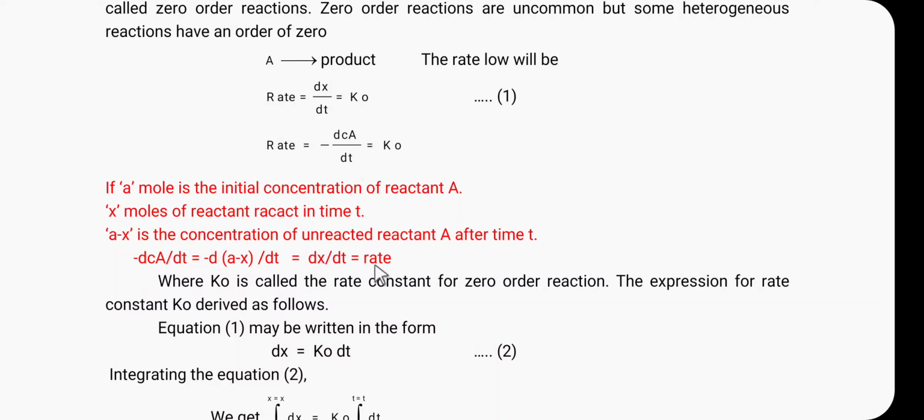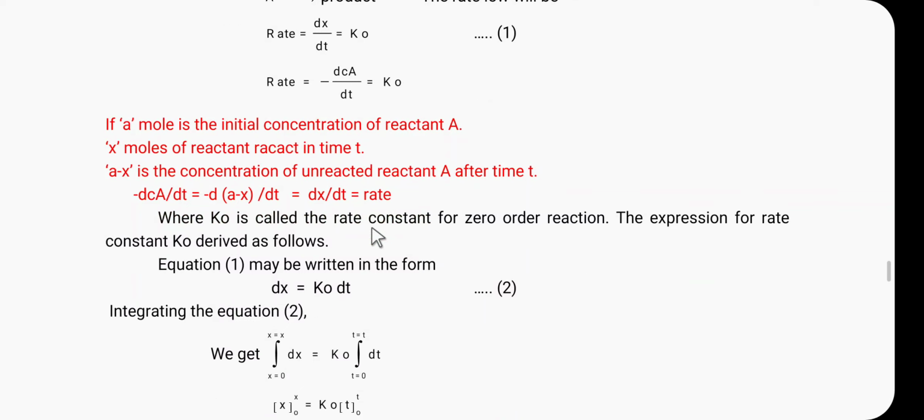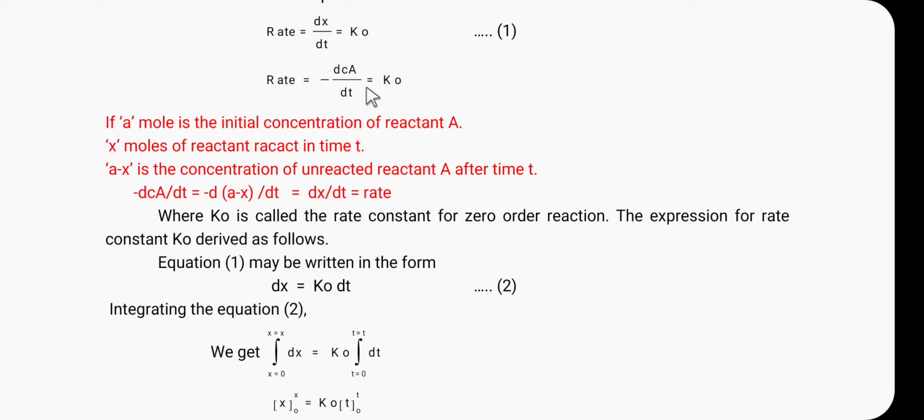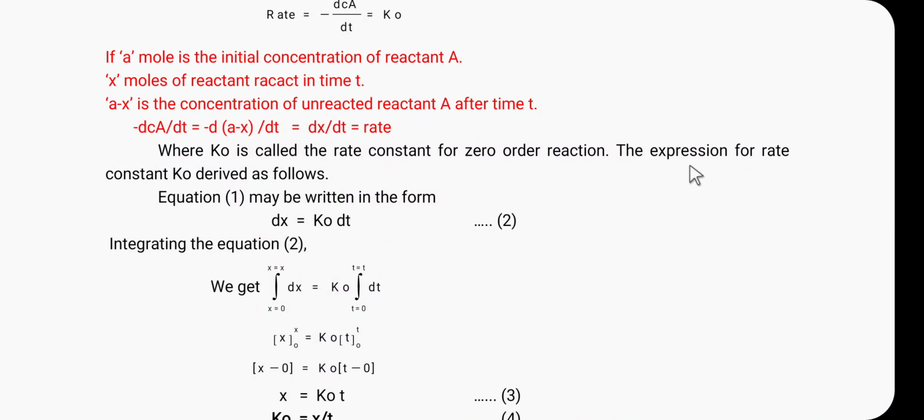For first order, second order as well as third order reactions, we are going to use the term dx by dt for the rate. So dx by dt is the rate, and in this expression k0 is called the rate constant for the zero order reaction. The expression for the rate constant k0 is derived as follows.